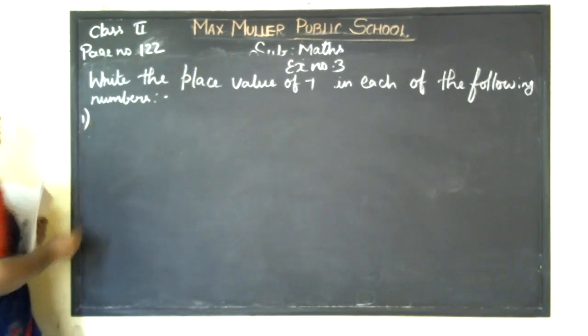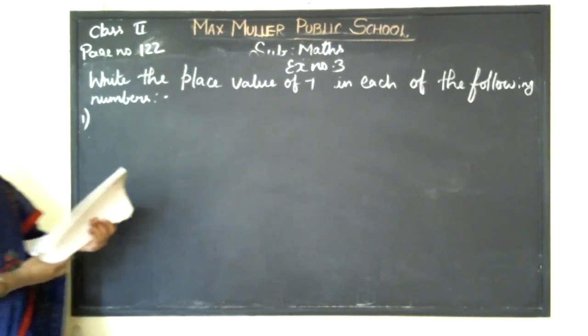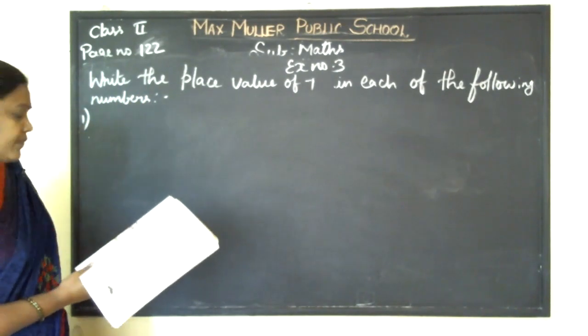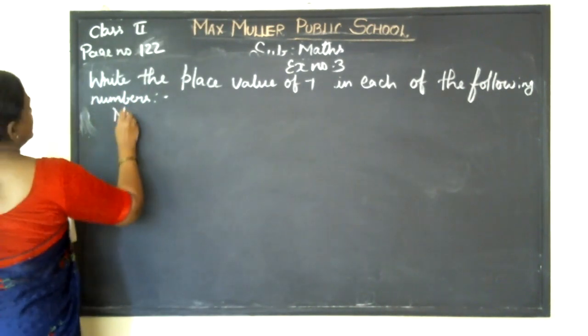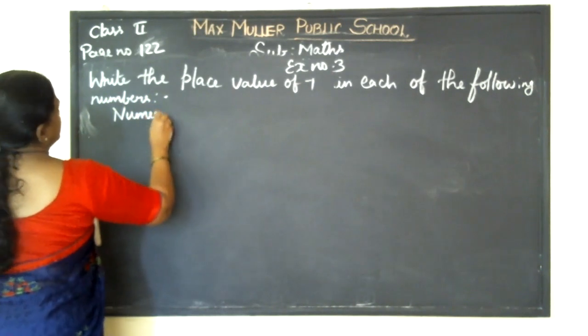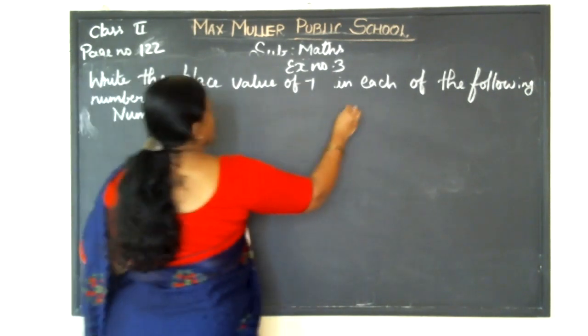First one, you want to write the place value of 7 in this numeral. We will write numeral. Numeral means number. Place value of 7.